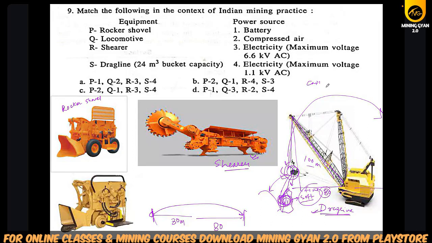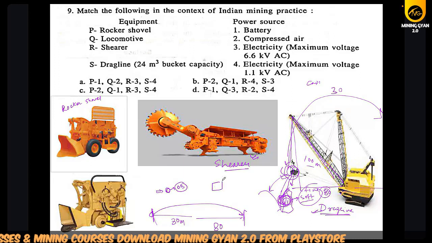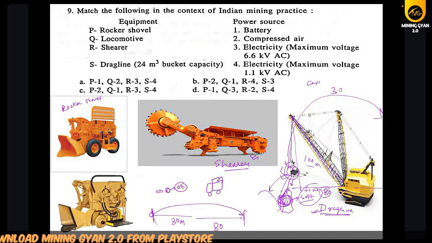It will be 300 to 400 crores, but in the longer run the cost to remove OB will be very less. Because if you want a shovel and dumper combination, then you will need a lot of diesel and a lot of manpower, dumper operators and shovel operators.